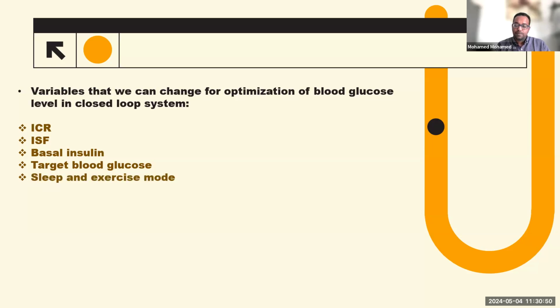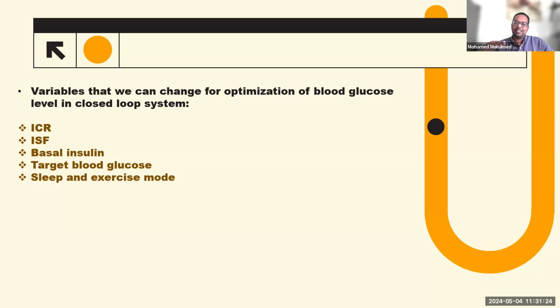Sleep and exercise mode, which is very interesting. There are two modes. I'll just go through them quickly because it's more of a specialty topic. It was found that exercise increases your insulin sensitivity. So if a patient is going to play football or play rugby or whatever, we ask them to put the system on the exercise mode, which reduces your basal insulin by 20%.